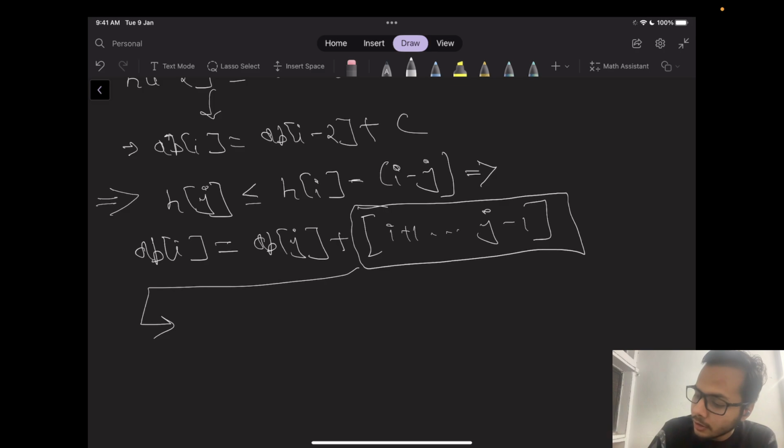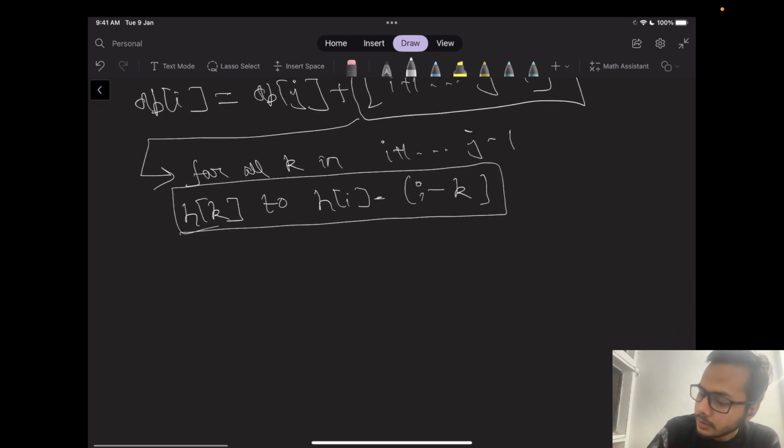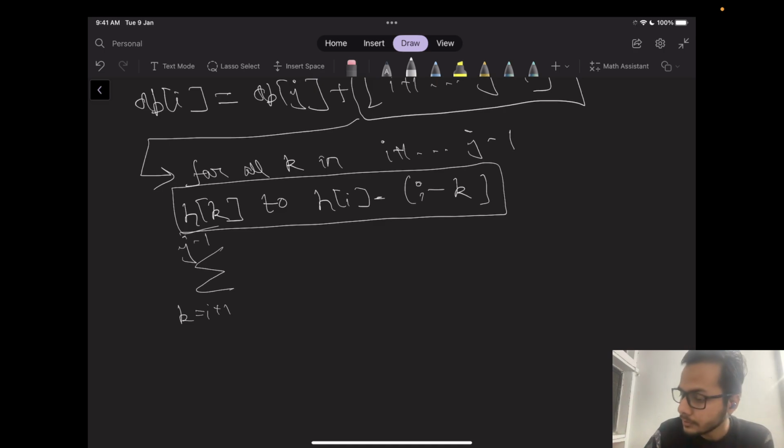So all you need to do is, for all k in i plus 1 to j minus 1, essentially you are converting h of k to h of i minus i minus k. So the cost it is going to take is the sum, k goes from i plus 1 to j minus 1, of h of k minus h of i minus i plus k.